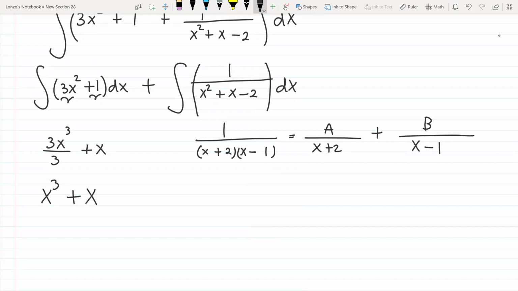Okay, so the next step, in order to solve for your A and your B, you're going to have to get rid of the fraction by multiplying all sides by the LCD. Our LCD is x plus 2 times x minus 1. Go ahead and multiply all three sides by that.